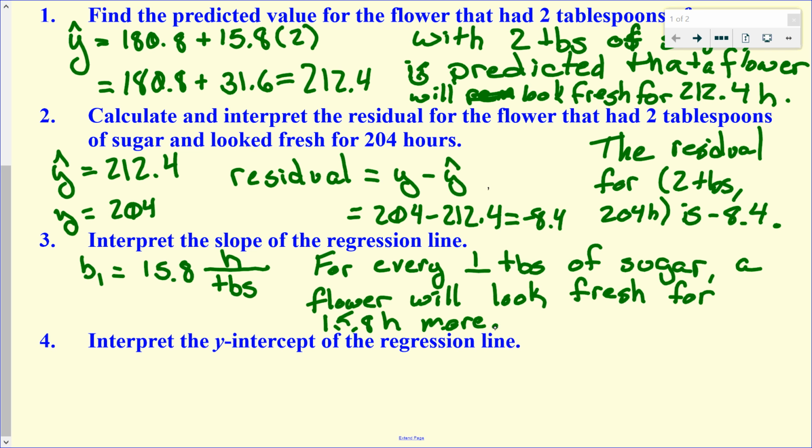Remember, the slope is a rate, so it's 15.8 hours per 1 tablespoon, and we can interpret that as such.